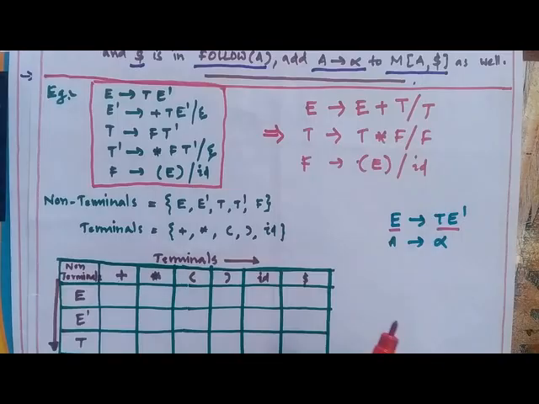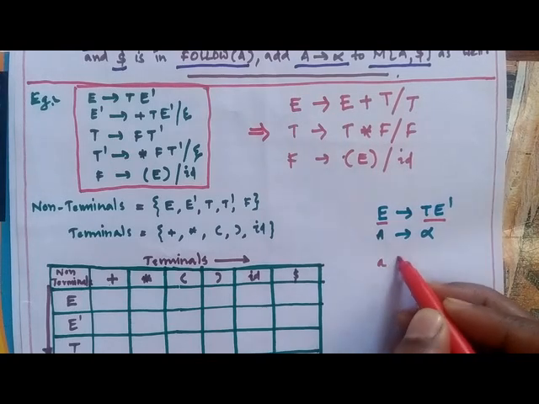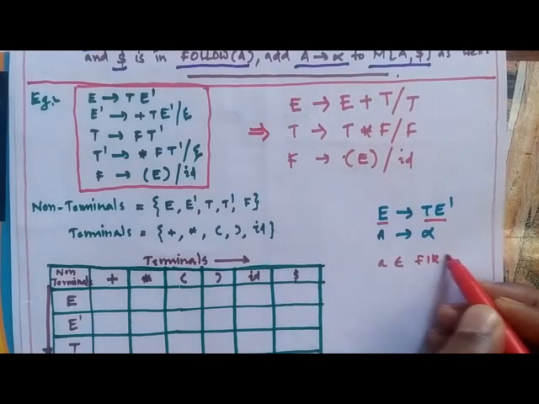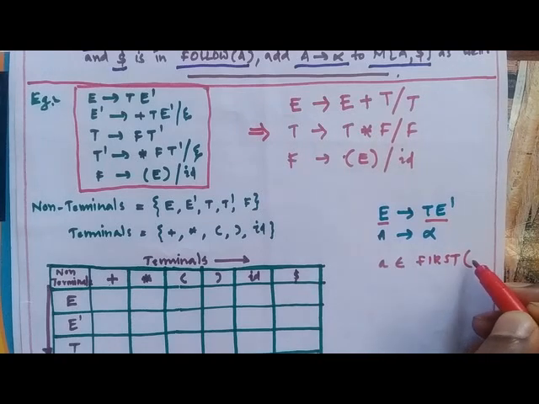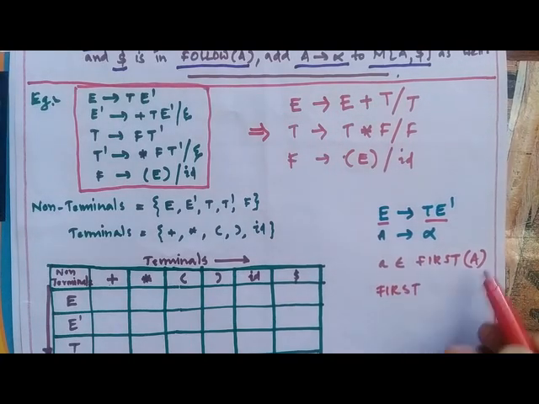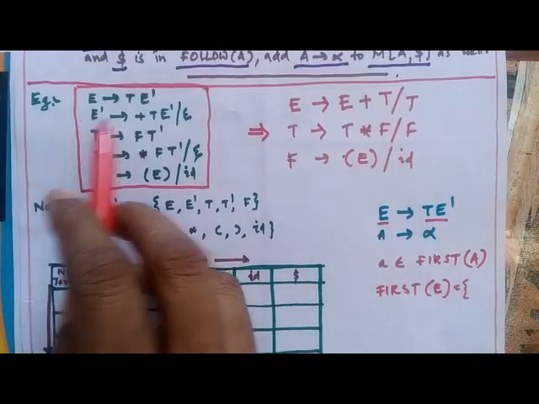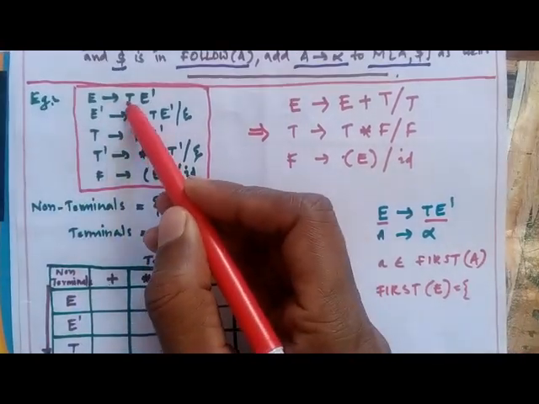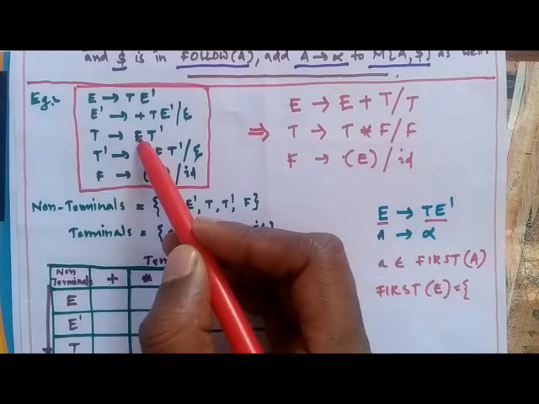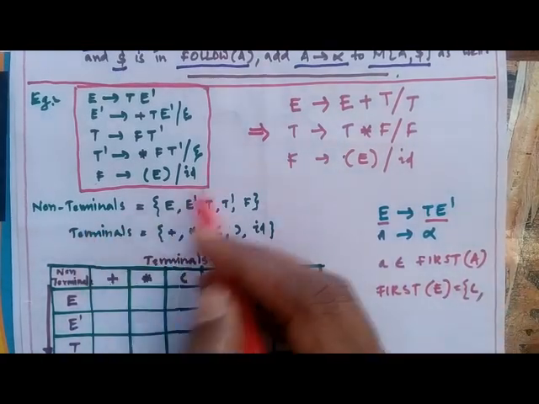Then rule 1 says, for each terminal a in first of alpha, so we need to compute first of E. To compute first of E we need first of T, and for that first of F, which needs first of left bracket and first of ID.